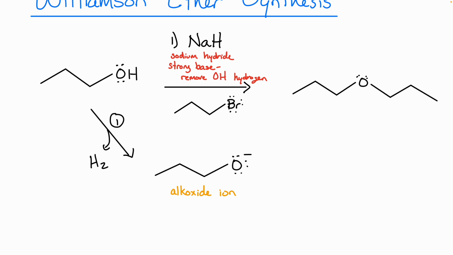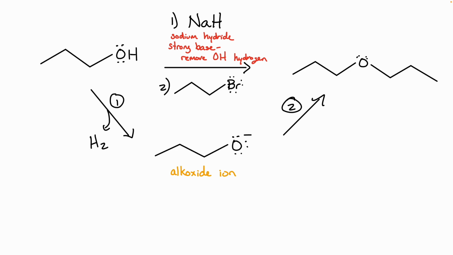All right, and again, this would be a second step in our reaction. So first is treating it with that sodium hydride. That produces our good nucleophile, our alkoxide ion. And then we're going to add in that alkyl halide to get that substitution reaction. Let's be clear here about what carbons came from what.